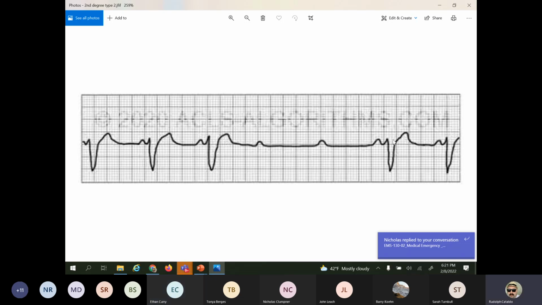Okay, my P waves and my Q waves are at their own rate. Somewhat, kinda, but somebody give me a different explanation. Nick says wide QRS. Okay, QRS is wide. I would agree with that. But what else? Because it doesn't always have to be wide in this.